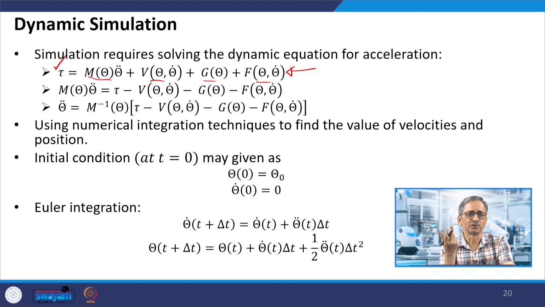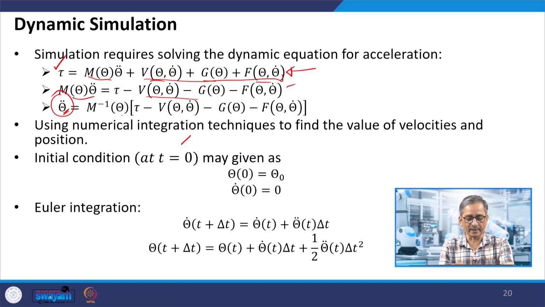I can do that by writing this dynamic equation in this form, taking all these three terms to the left hand side, so theta double dot is M inverse of theta times this term. I can use a numerical integration technique to integrate this theta double dot in order to get the theta dot and theta values. Of course, we need to know the initial conditions.